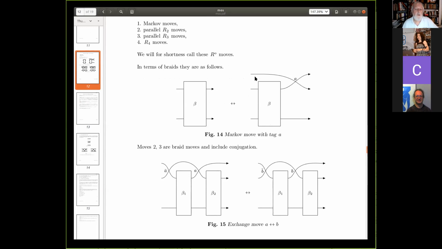For example, in doodles, yes, you could, but it doesn't make any difference, because if you close this up, you can move this A all the way around so it starts at the beginning. So you're quite right, you could have it on the left instead of the right. Doesn't matter. If you can do it on the right, you can also do it on the left. Yeah, but what I'm trying to ask is that if I'm doing it from the right, then I should be able to use these moves to get to the left.